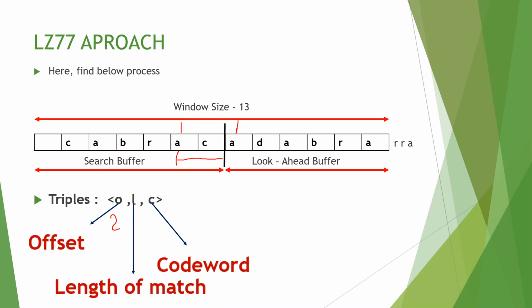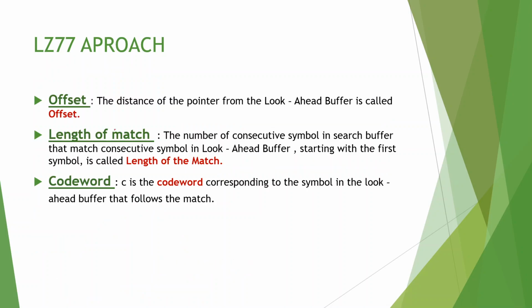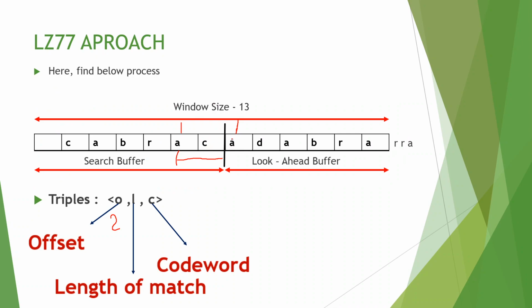Okay. Now next is the length of match. The number of consecutive symbols in the search buffer that match consecutive symbols in the look ahead buffer, starting with the first symbol, is called the length of match.